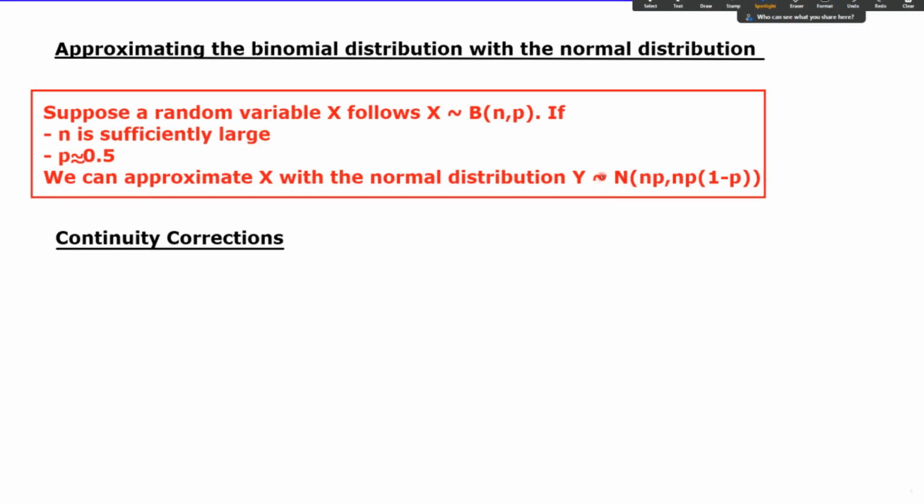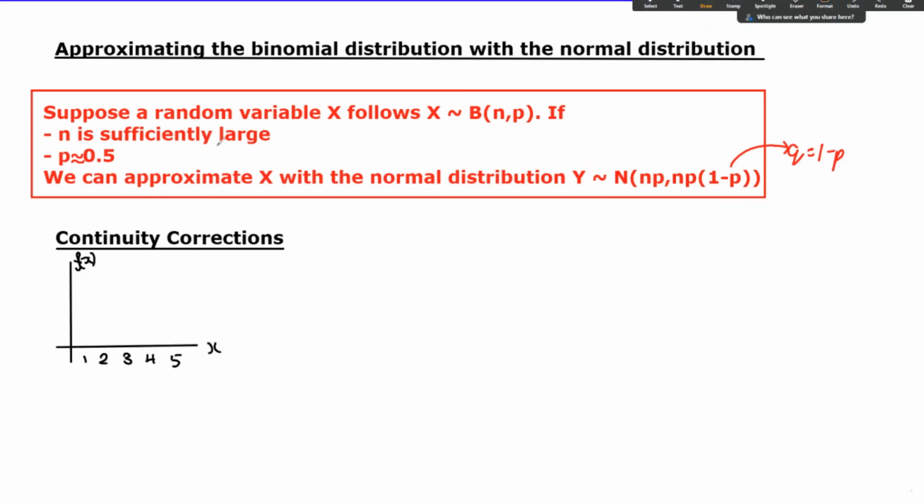The parameters we put into the normal distribution are, for the mean, just np, and for the variance, np multiplied by 1 minus p. Sometimes you can even see this written as q. But all we need to do is check that these conditions are true, and then we can approximate this binomial with this normal distribution.